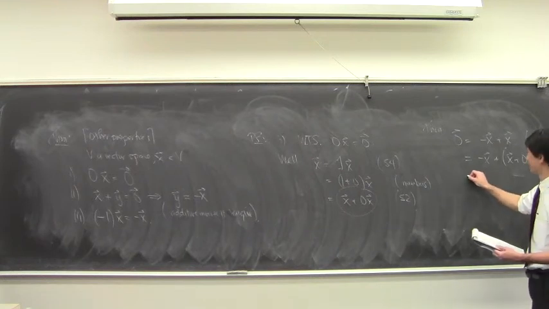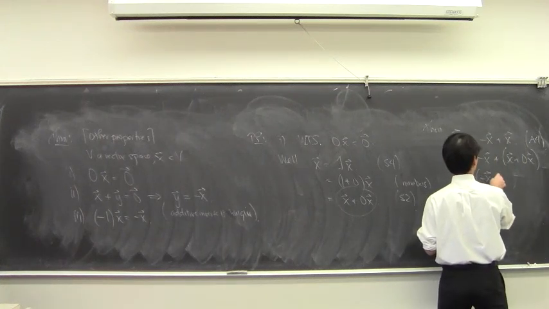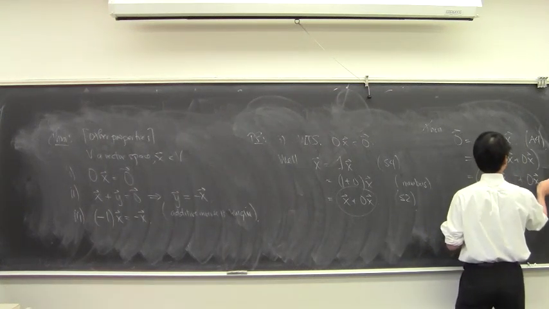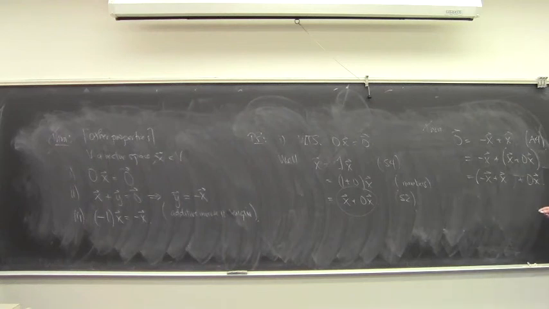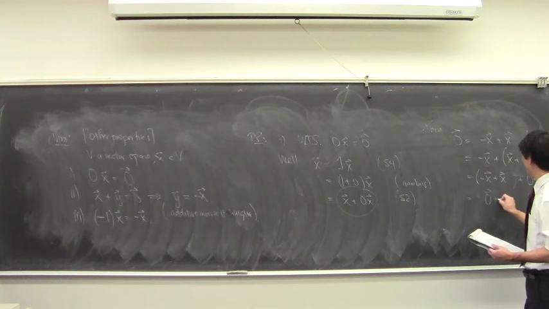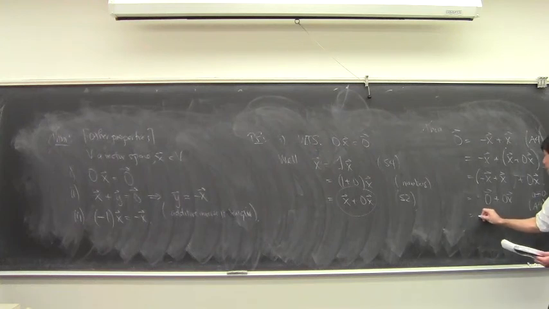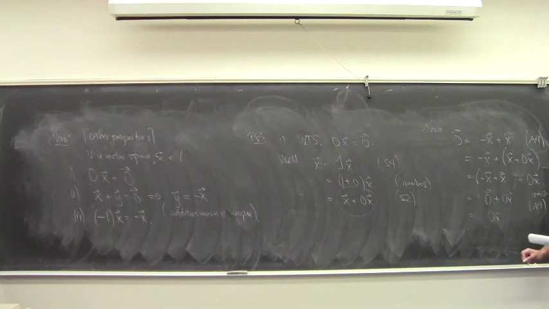Okay. And then this is equal to negative x plus x, plus 0x, by associativity, because vector addition is assumed associative, and so you get 0 vector plus 0x, by again A4, and that's 0x, because the 0 vector is the additive identity, A3.